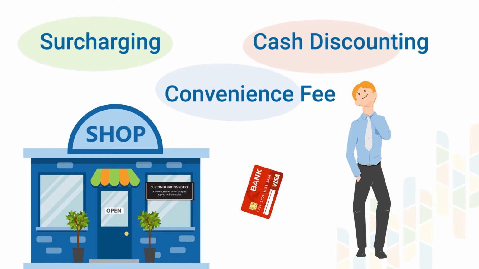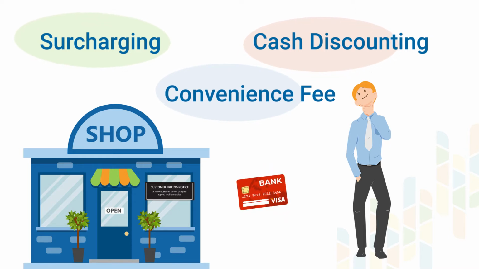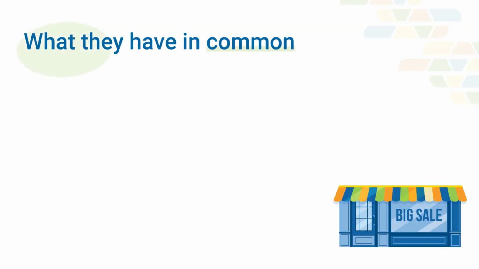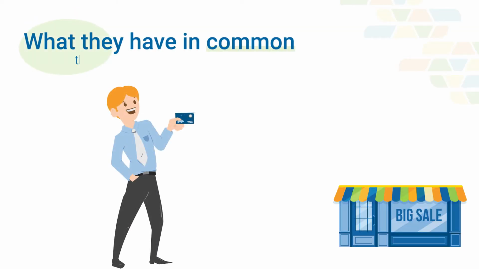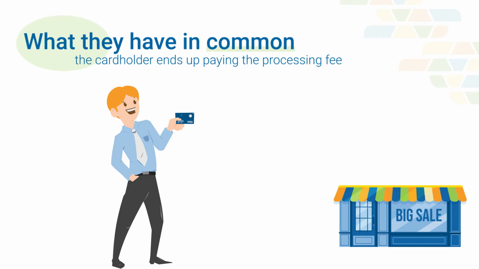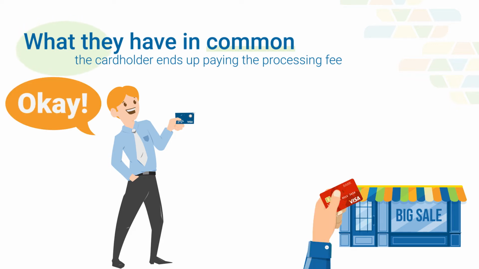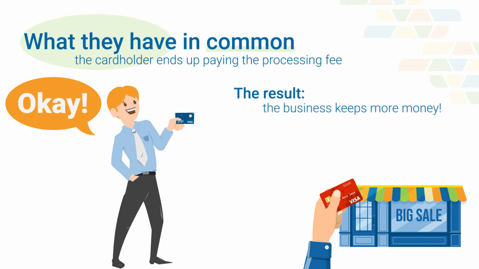So to start, the three of these programs share the same simple fundamental, as I've mentioned, and that is that the cardholder ends up paying the credit card processing fee either in full or in part when they make a purchase, therefore absorbing the cost of paying the credit card fee for the benefit of paying with their debit or credit card. And the result is that the business owner, you, get to keep more of the money from the sale.